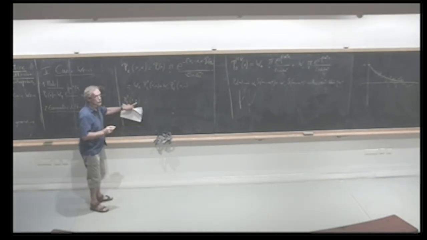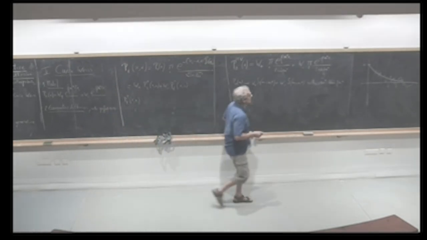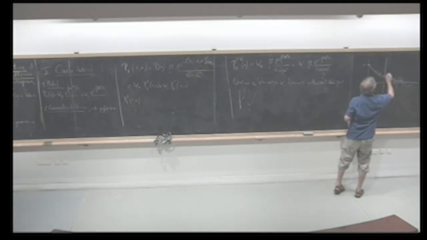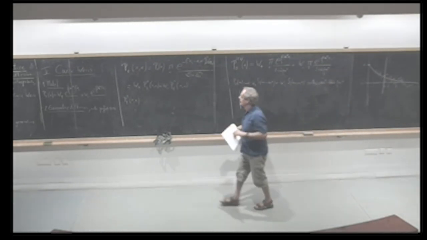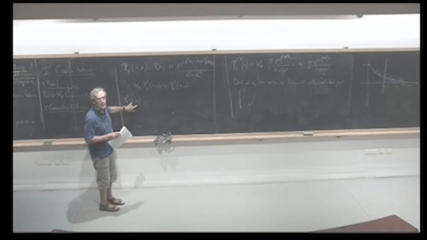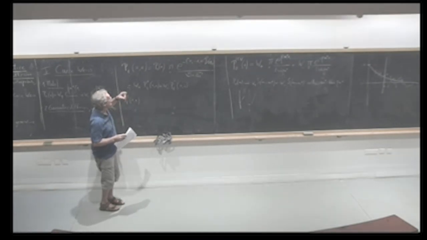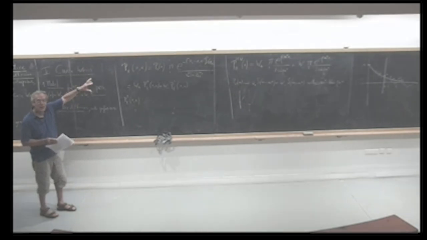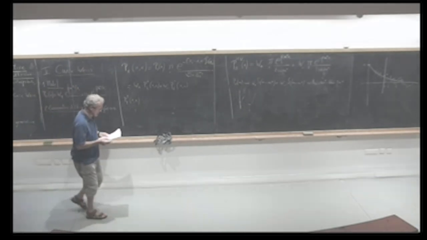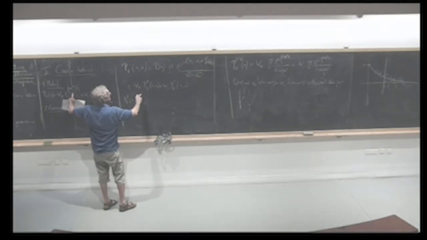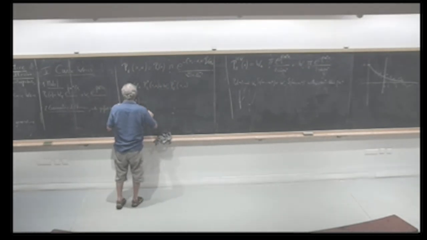And I can write what PT plus or minus is. That is, I remind you, the joint probability distribution of the initial variable A and a variable x taken at time t. You can see it as the joint probability distribution when A has been sampled from this guy here, so it is in one of the wells, the one with positive magnetization. So what is it? Well, I just have to substitute this measure which is here. And so I can write this as follows.